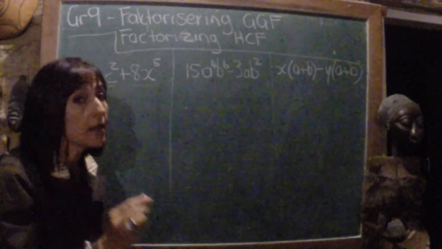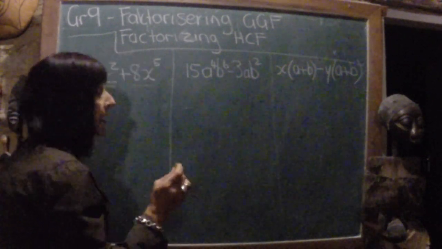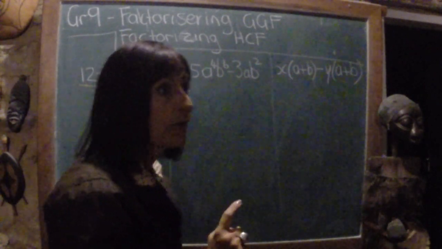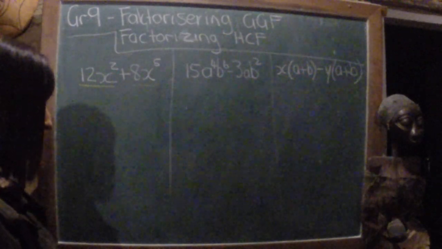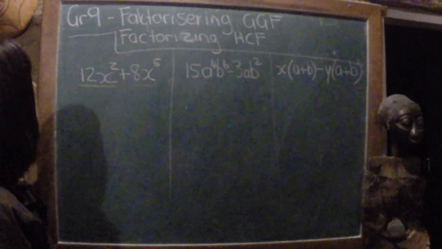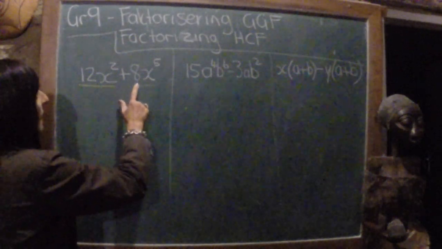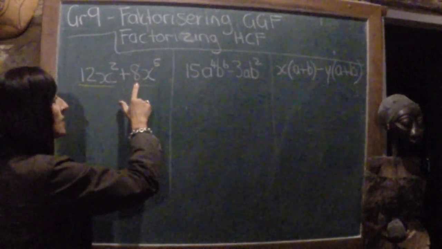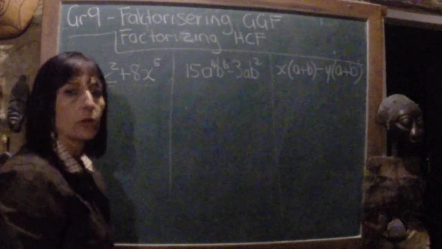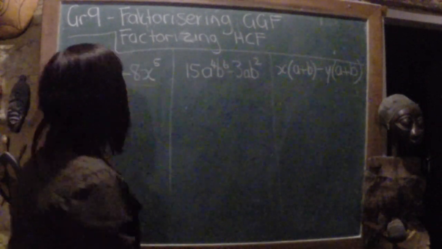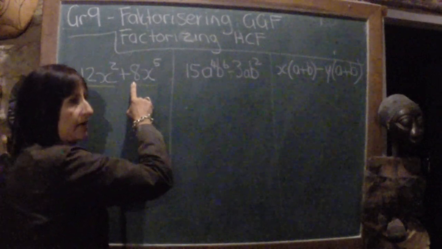Die grootste ding that I can take out of 8 and 12, both of them. So let's start. Take the smaller one and ask yourself, 8 kan ek uit 8 uithaal, maar kan ek hom by 12 uithaal? No, I can't. So now you go to the next factor of 8.